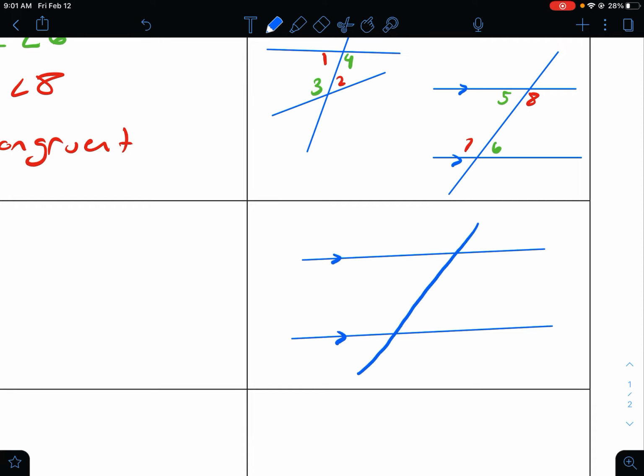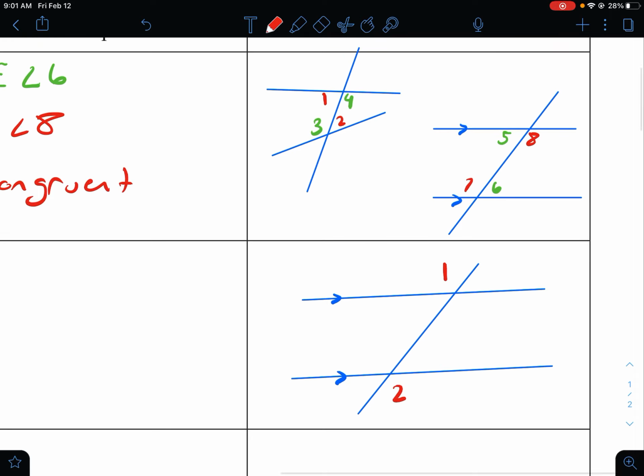We will draw our transversal here. So angle 1 and angle 2 are alternate exterior. So notice the alternate interior, right? They were on the inside of the parallel lines, and they were on the opposite sides. Same thing for the alternate exterior, right? They're on the outside and they're on the opposite sides.